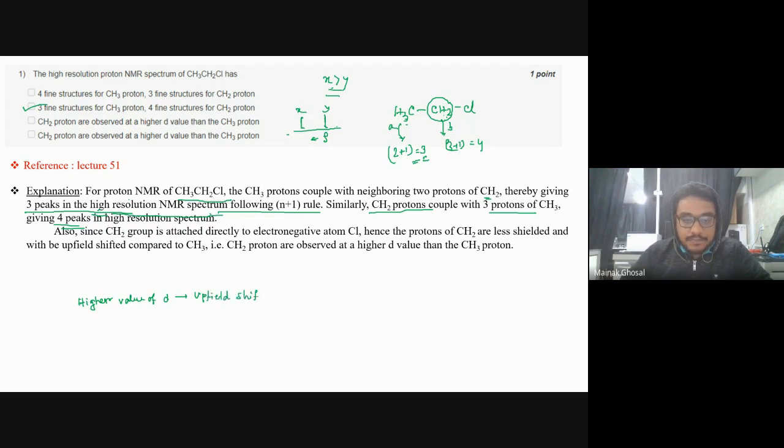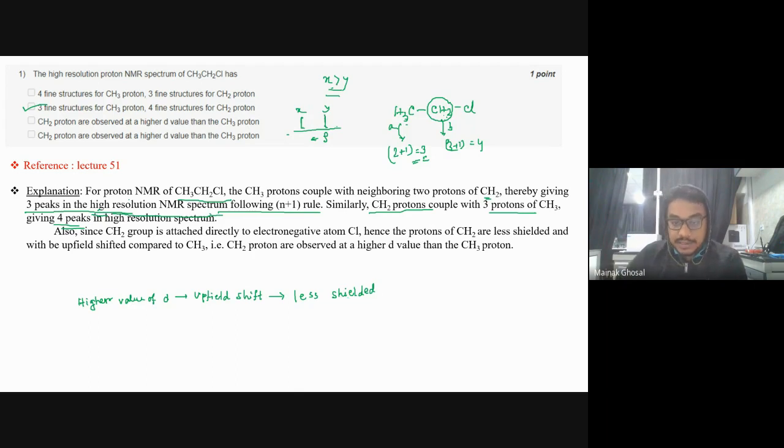And you know, whenever I have discussed NMR, downfield shift happens if the proton is less shielded. So higher value of delta means downfield shift of this proton signal, which means it is much less shielded.